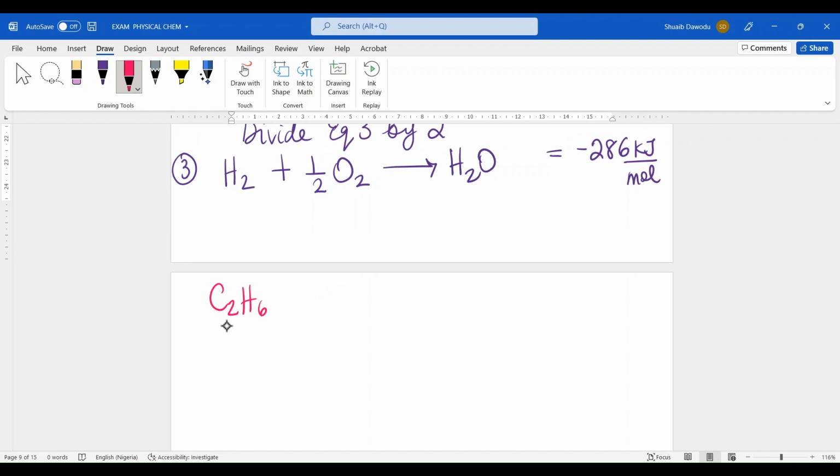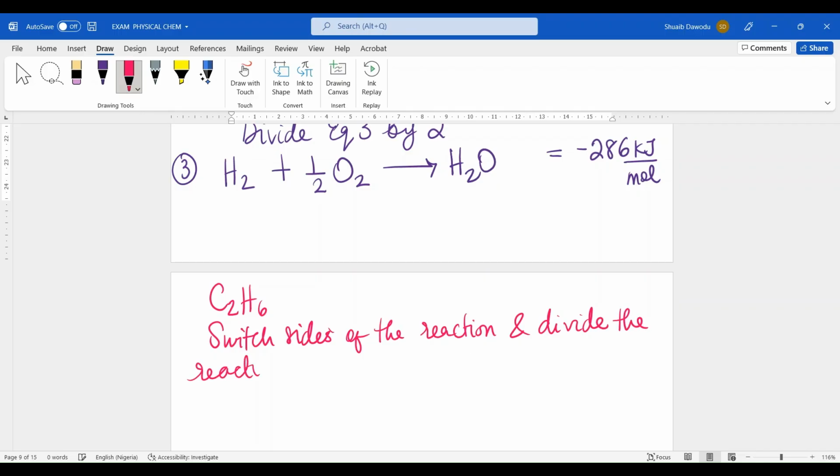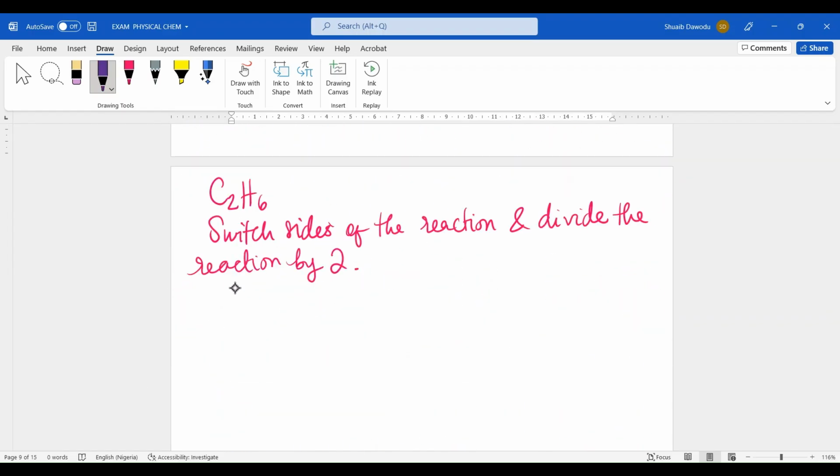We are going to first of all switch sides. So this is the instruction: switch sides of the reaction and divide the reaction by 2. The first thing, of course, is that we're going to switch.